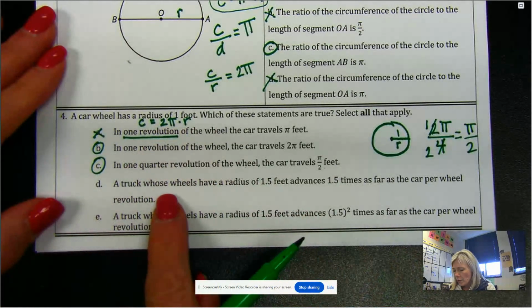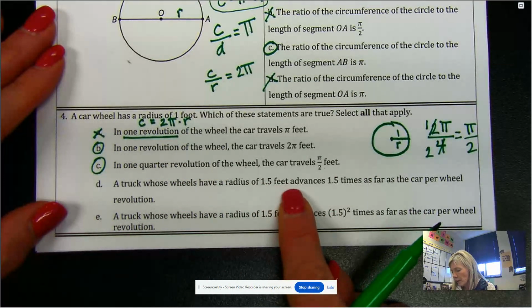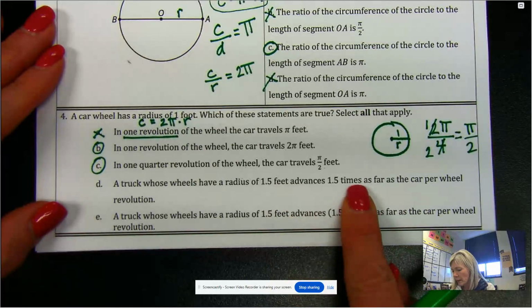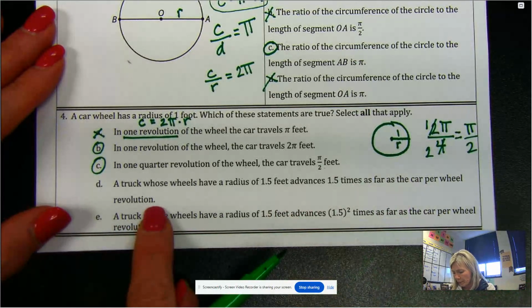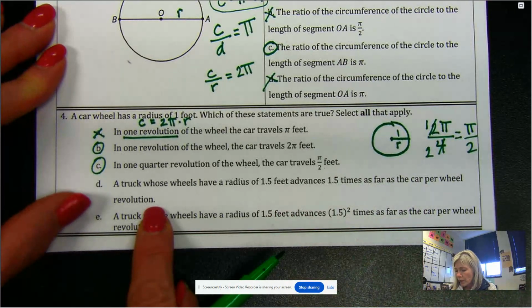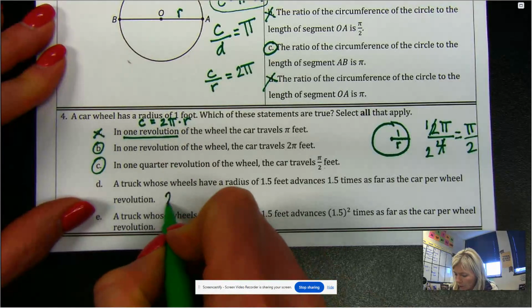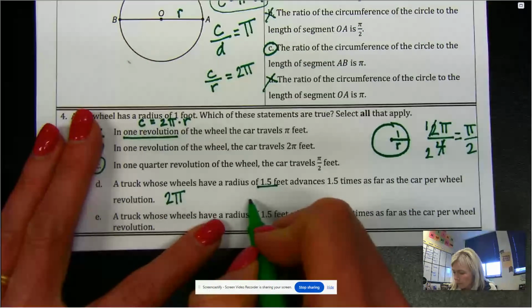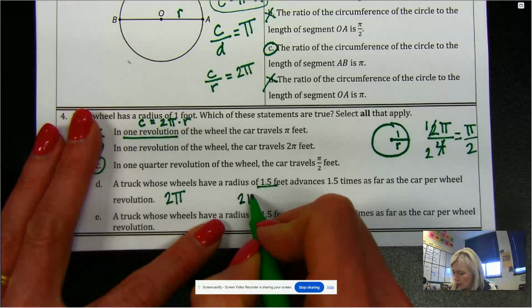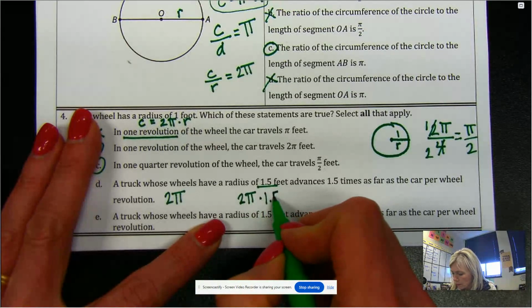Next, a truck whose wheels have a radius of 1.5 feet advances 1.5 times as far as the car per wheel revolution. So with a radius of 1 foot, that car travels 2 pi. But for 1.5 feet, that would be 2 times pi times 1.5. That's the radius.